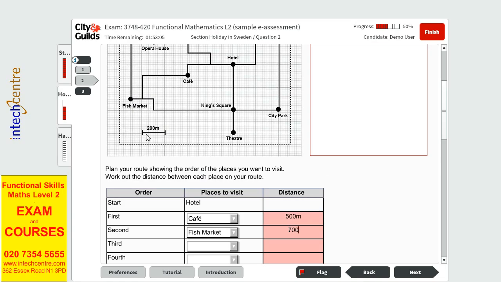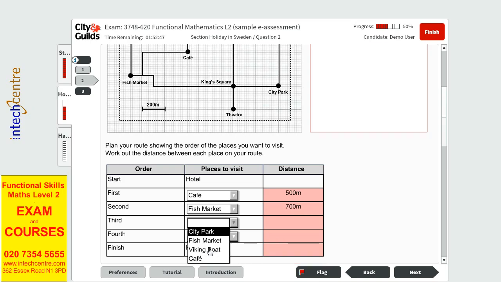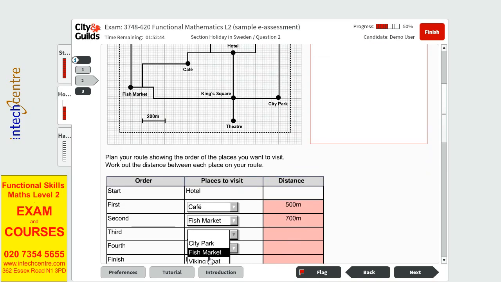Or you can look at it that 2 boxes is 200, so 1 box will be 100 meters, half of it. And you can do 1, 2, 3, 4, 5, 6, 7 times 100, 700. Same thing for the next one, from fish market to Viking boat, why not?